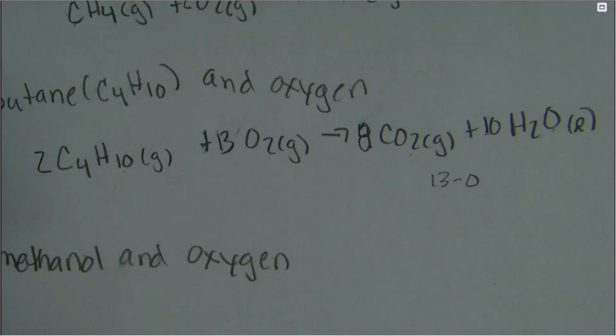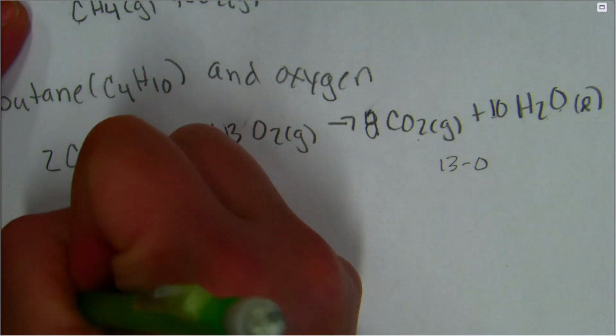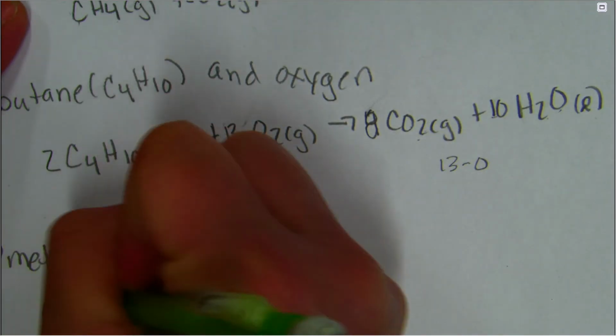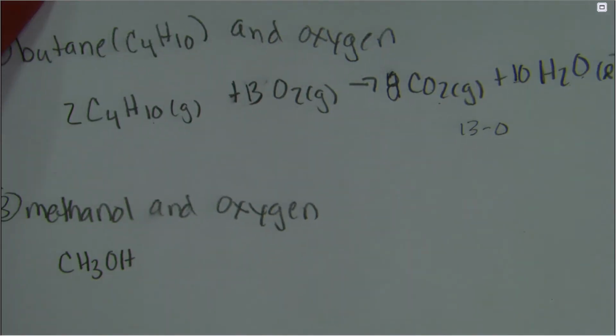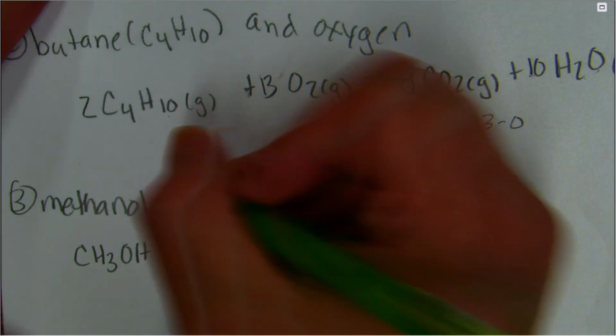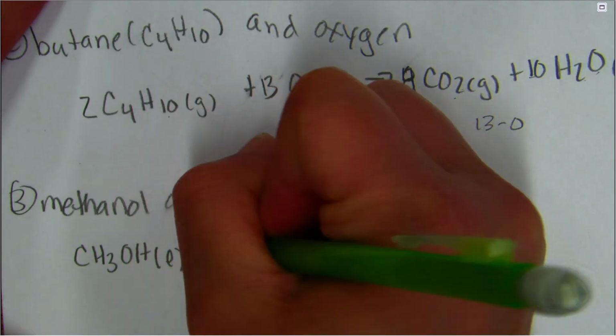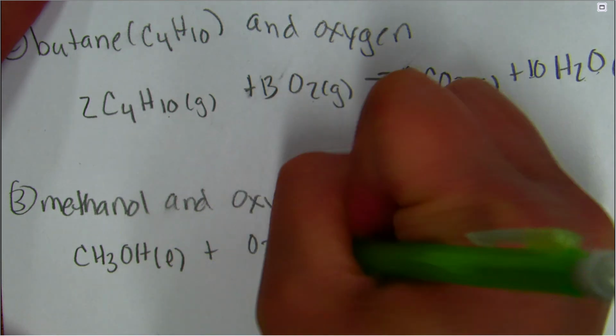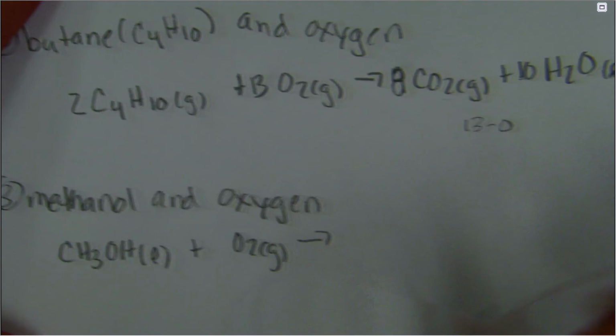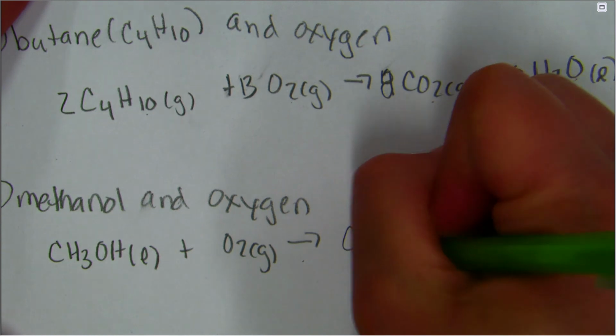All right, methanol. Methanol is CH3OH. It is an alcohol. Okay, it is an alcohol. So it is a liquid plus oxygen. I'm going to get carbon dioxide and water.